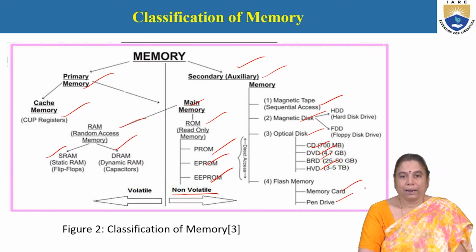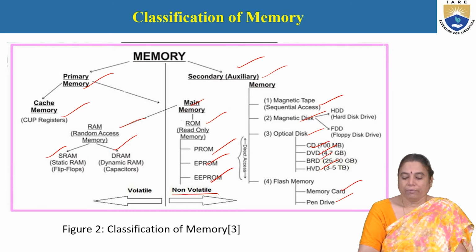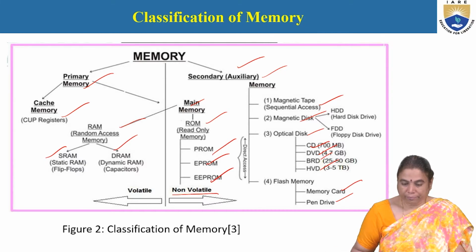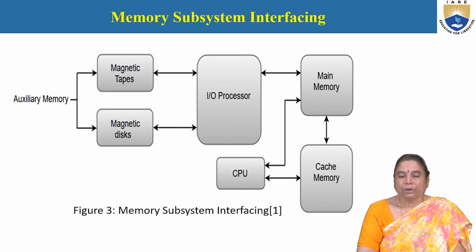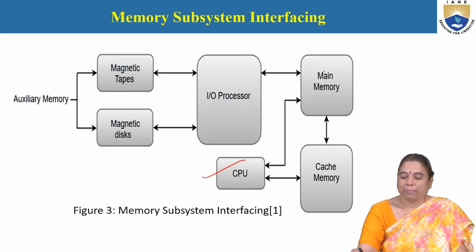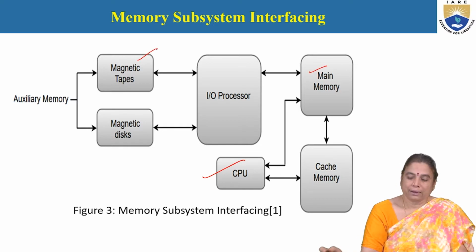So these are the varieties of memory, and we will discuss the characteristics of each type. So how can these categories of memory be connected with the CPU? So this is the CPU, and the two types of memory are primary memory or main memory, and secondary memory or auxiliary memory.